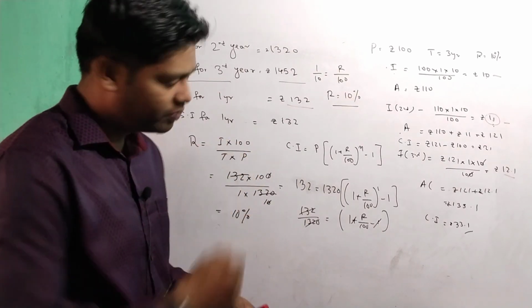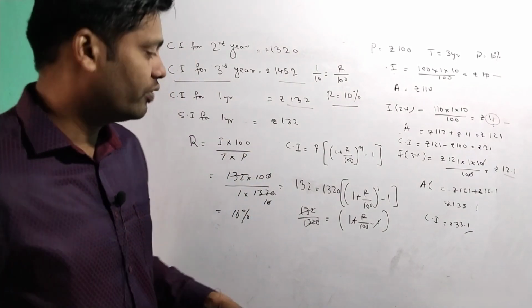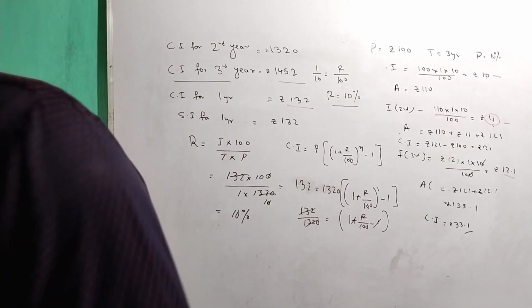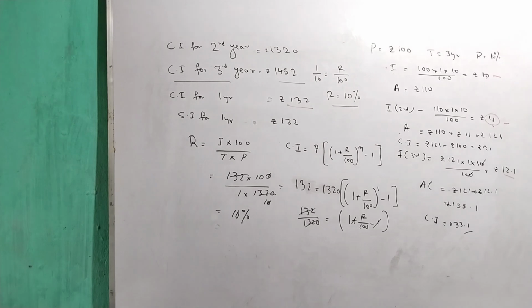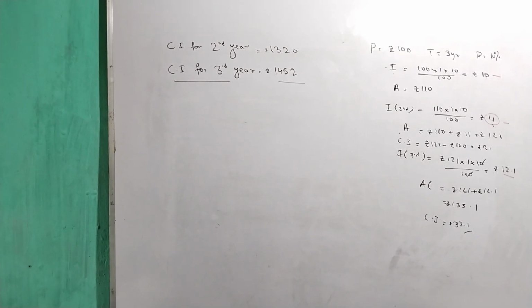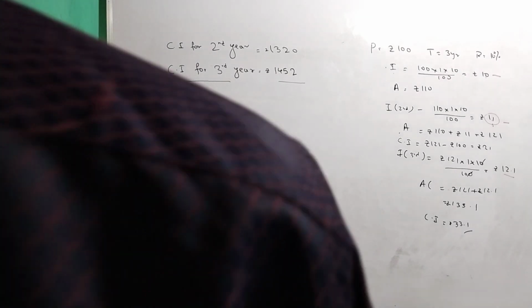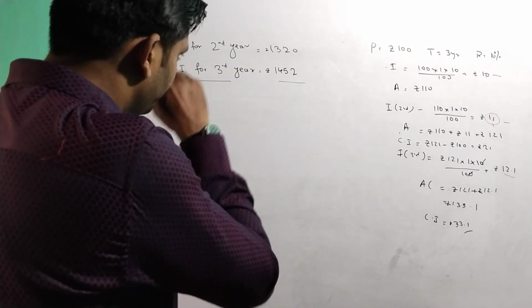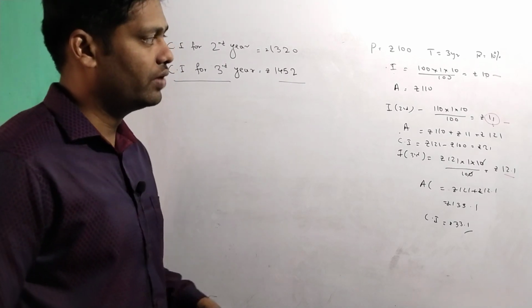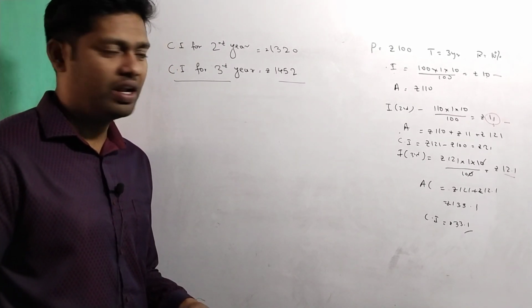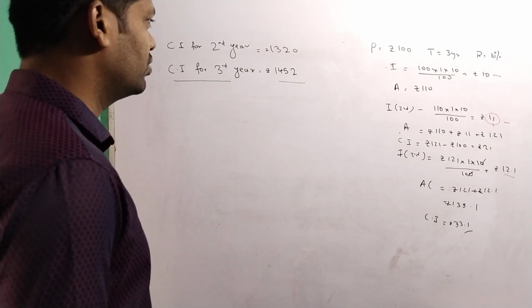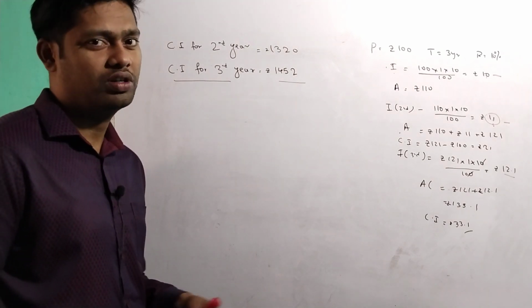Okay, so we got the rate of interest. After that, what do you have to find out? You have to find out the principal. Now, in the previous case we again used the simple interest formula and calculated, but in this case as they gave me compound interest, I will mostly prefer to do it by the compound interest formulas only.